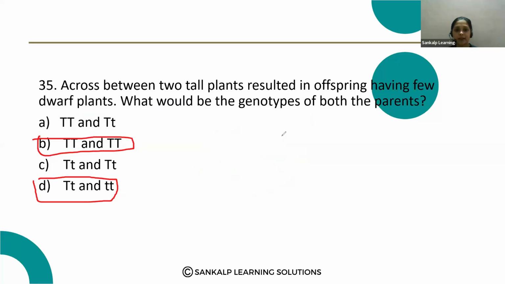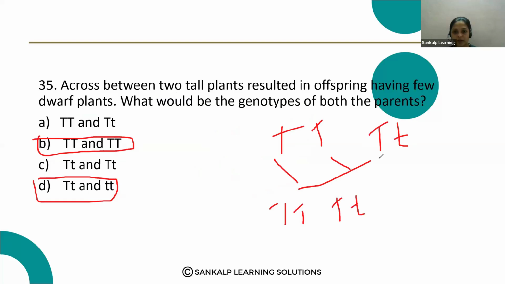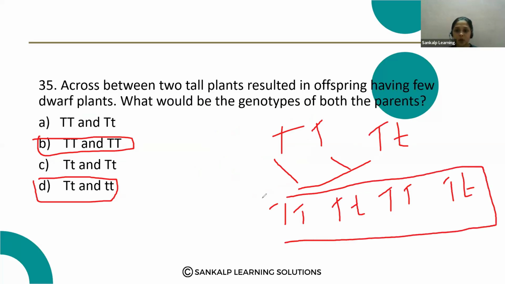Now I will take TT and Tt, both are tall plants. Here, capital T capital T, capital T small t, capital T capital T, capital T small t. Here all are tall plants. There is no dwarf plant formation, but they told that a few dwarf plants also formed. So option A is not possible.